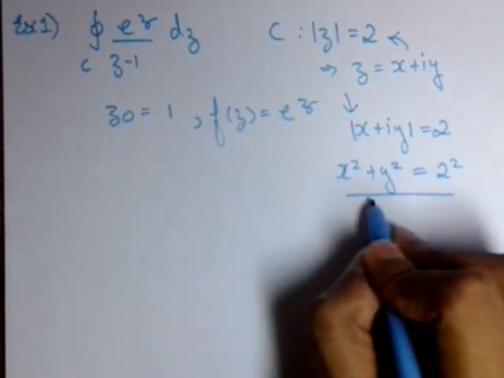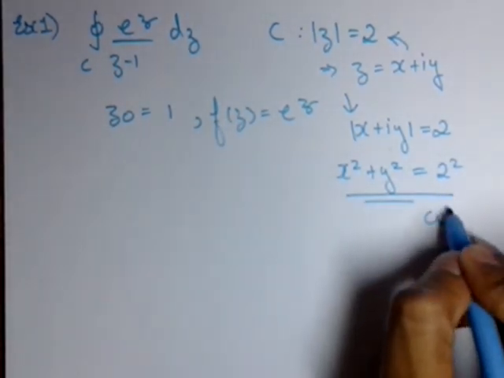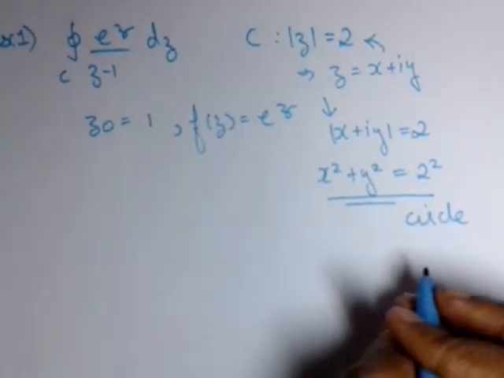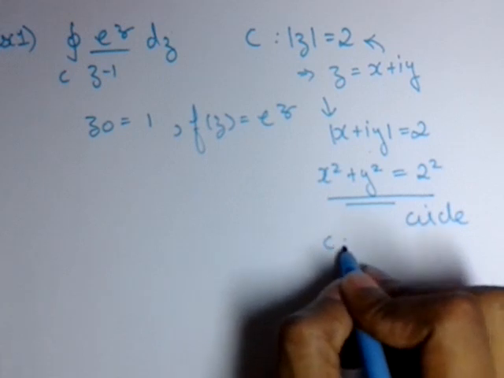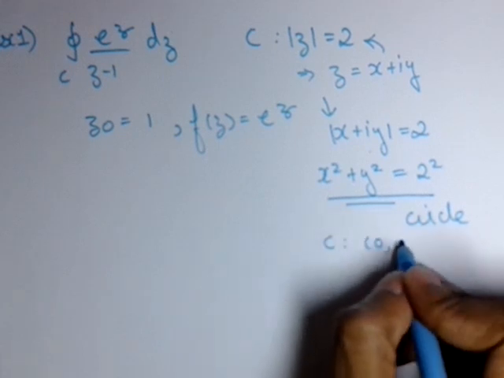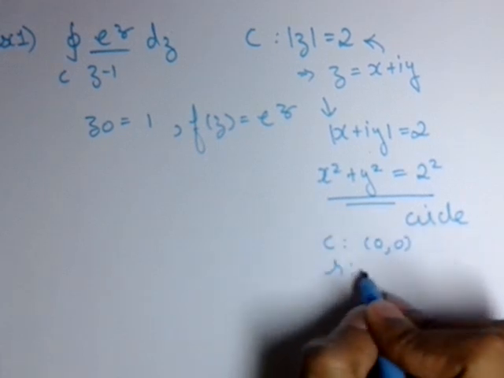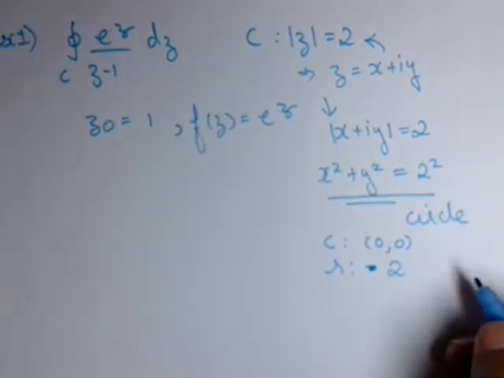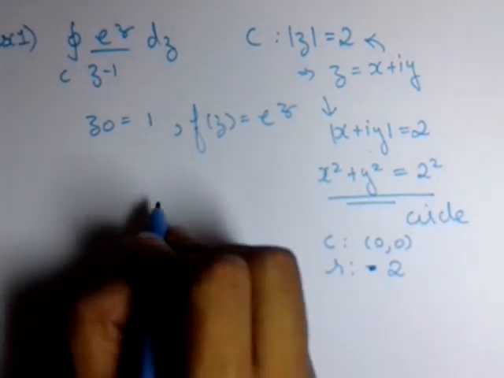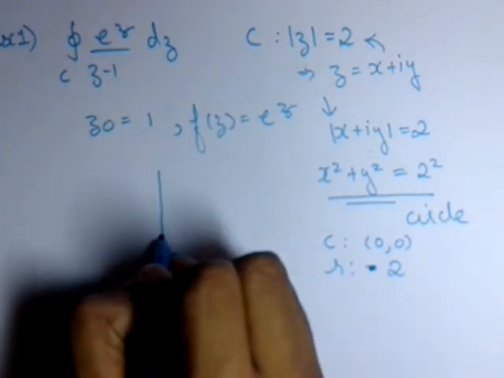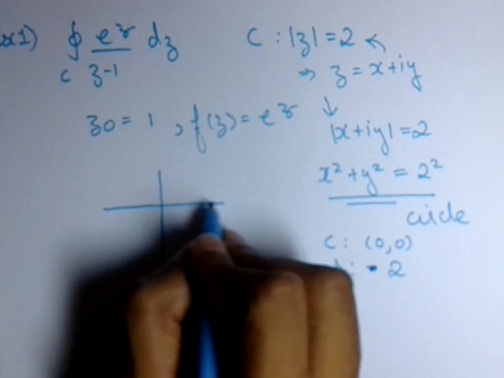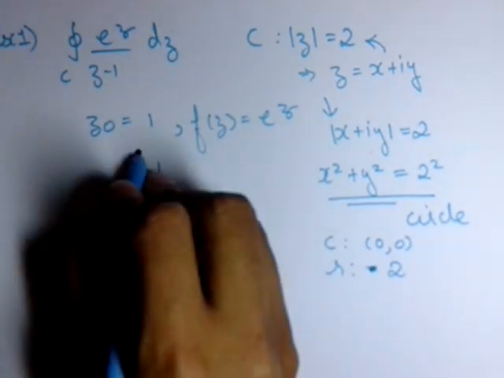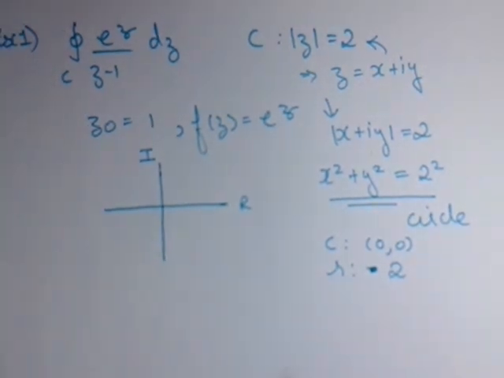Now this is the formula of a circle. Now here the center is at (0, 0), and the radius is simply 2. Now we'll have to draw the contour on the Argand plane. So the x-axis represents the real part and the y-axis represents the imaginary part.